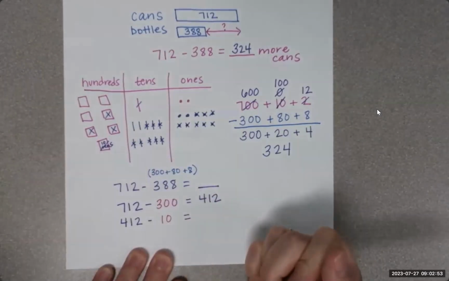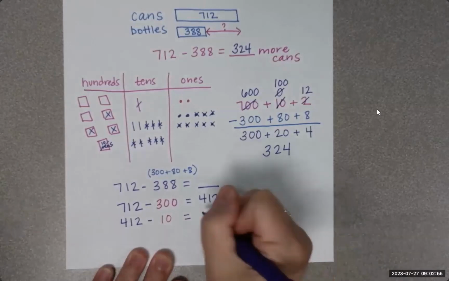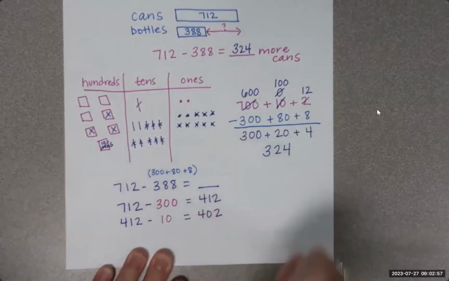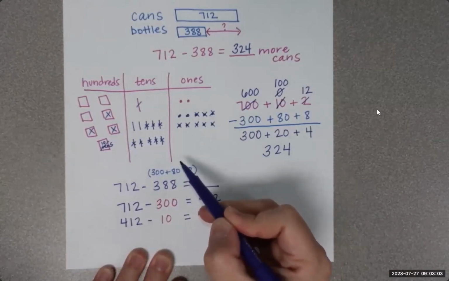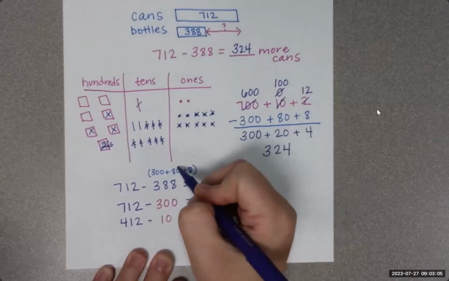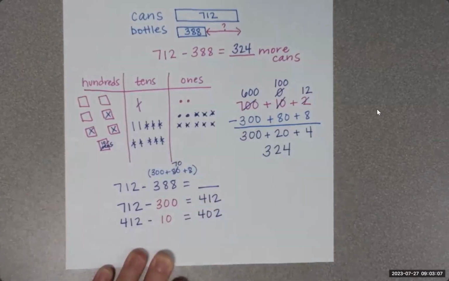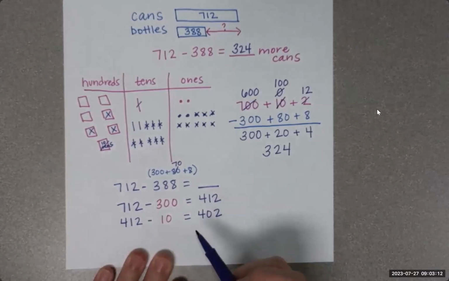Well, I know 412 minus 10 would be 402. Okay, so I took this 80 and I decomposed it into two parts, 70 and 10. Okay, so I'm just going to keep track here. I have 70 left to subtract, just to help me as I do these pieces. Well, now I'm at 402.